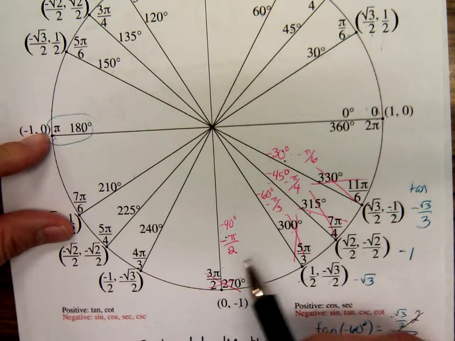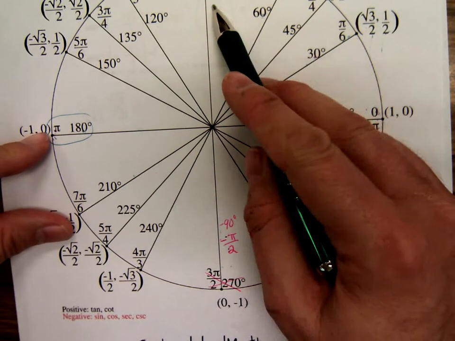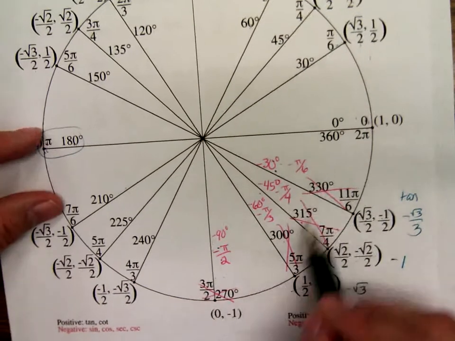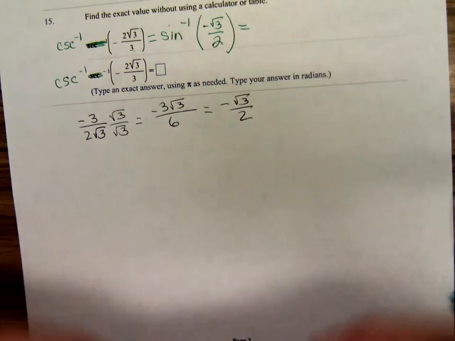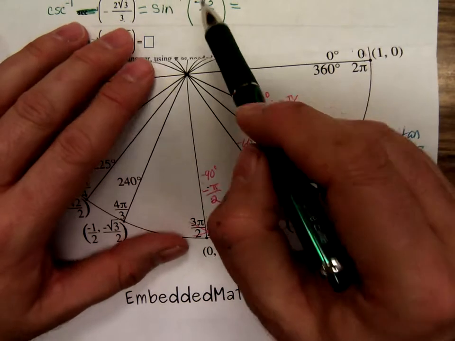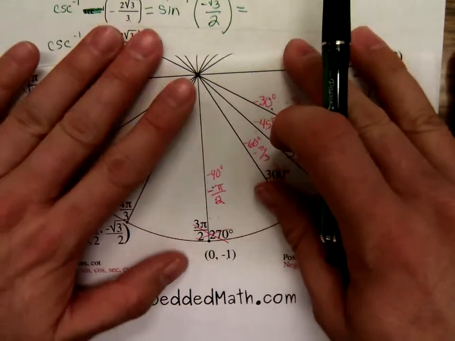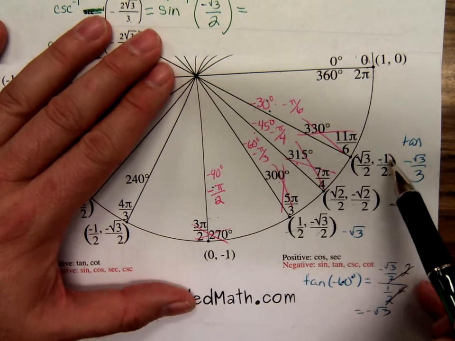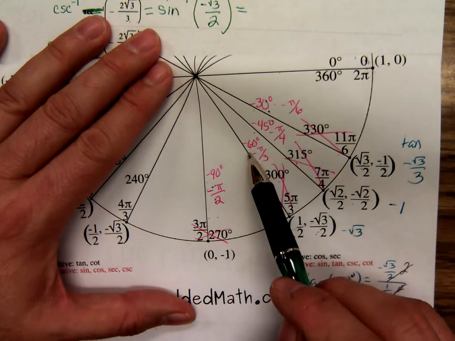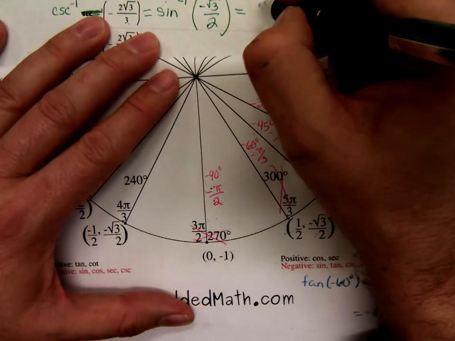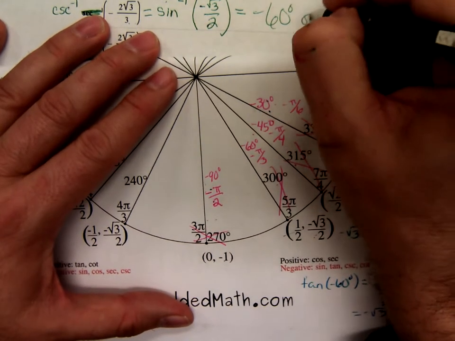Well, it's negative pi over 2 to pi over 2. In fact, it's going to be down here because it's a negative square root of 3 over 2. So where out here is sine negative square root of 3 over 2? Negative 60 degrees, or negative pi over 3.